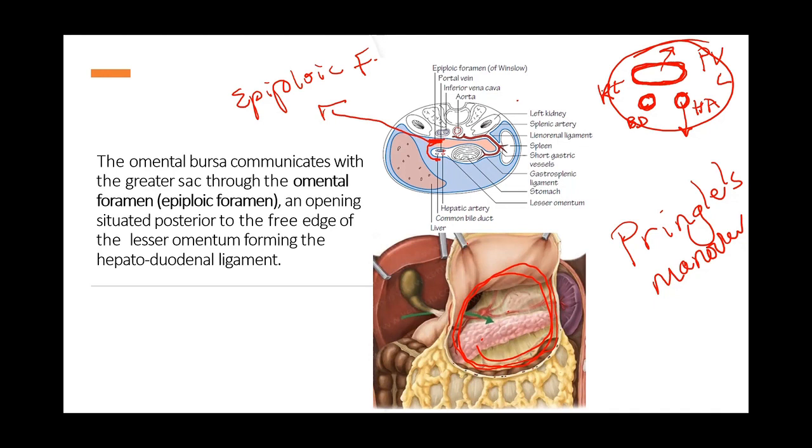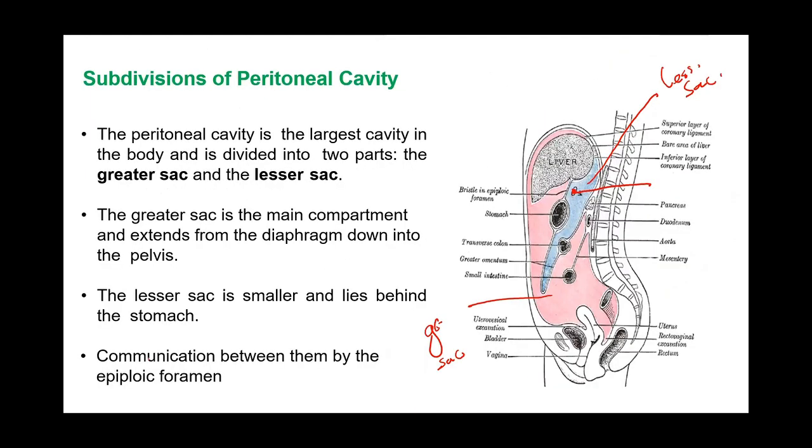You have portal vein posteriorly, hepatic artery to the left, and bile duct to the right. And they are at the free margin of this ligament here.